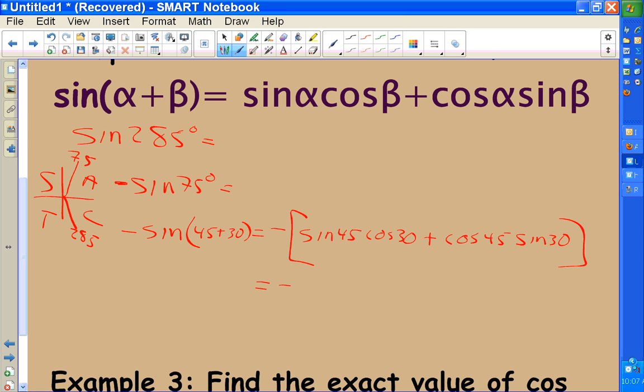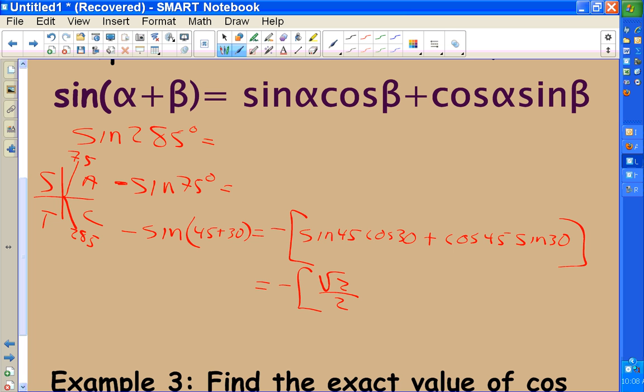What's the sine of 45? Root 2 over 2. How about cos 30? You guys should all have this stuff right here. And if you don't, you need to get it dialed in.